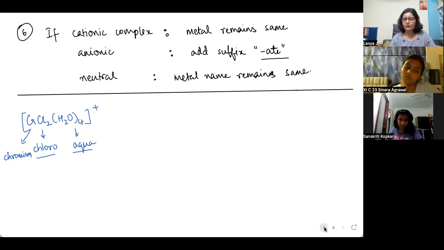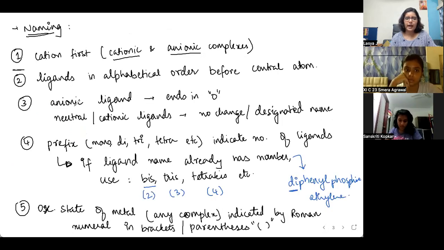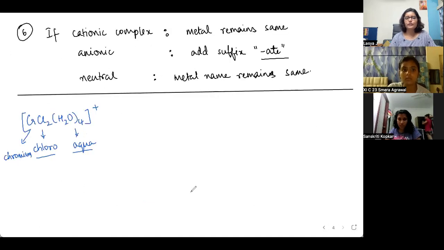Chloro is an anionic ligand you're familiar with, and aqua is neutral. Then we need to give a prefix which indicates the number of ligands. What will be the prefix for chloro? Di. And for aqua?